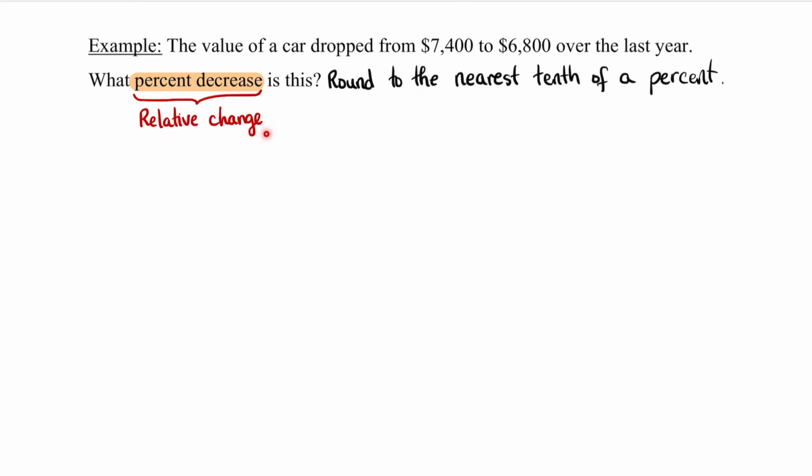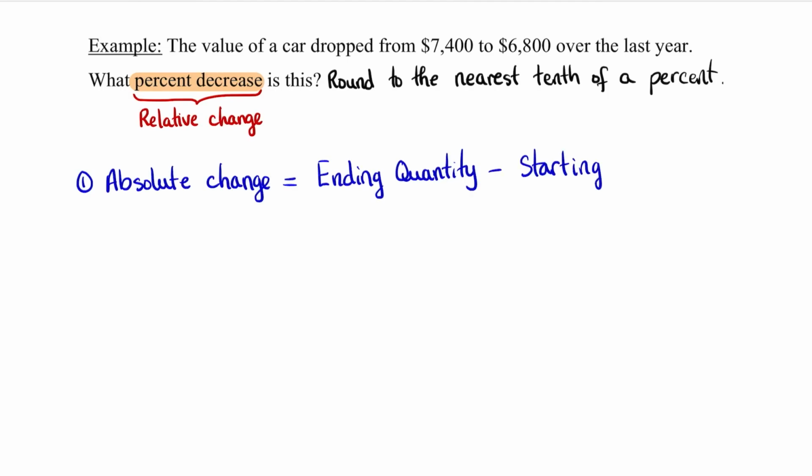In order to find the relative change, I need the absolute change. From the formula that was given earlier, I have absolute change equals ending quantity minus starting quantity.